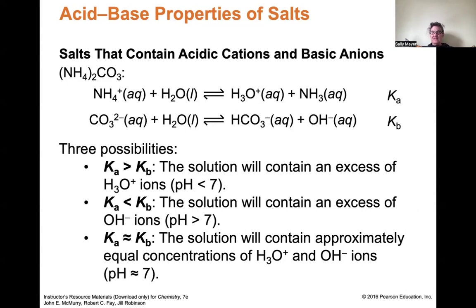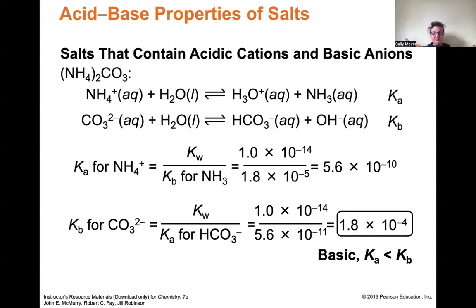So if Ka is greater than Kb, the solution will have an excess of H3O plus, so it's more acidic than the other one is basic. And if Ka is smaller than Kb, the solution will have a stronger weak base in it, so it will be a pH greater than 7, so it's going to be a base. And if they're about equal, the solution will be pretty neutral, pH of 7.